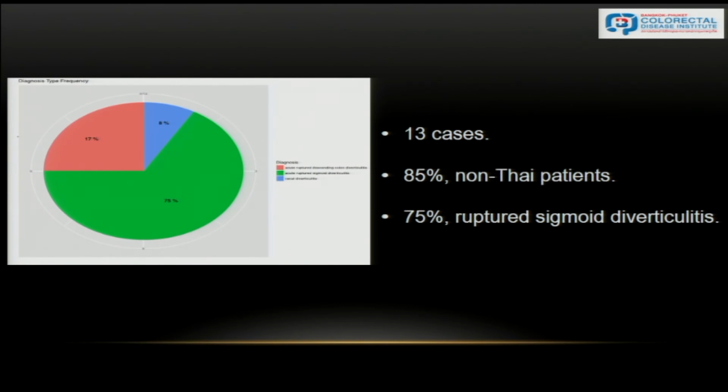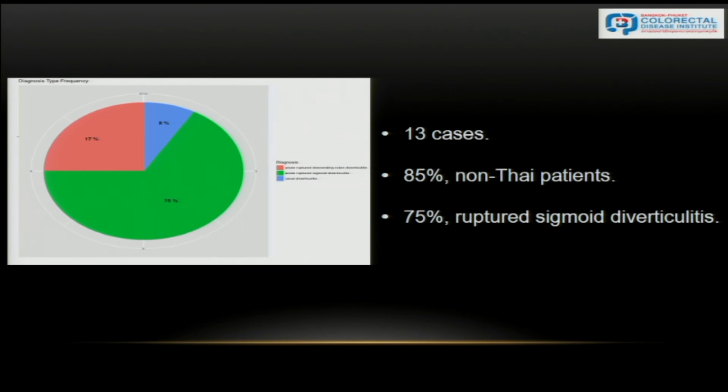Around 82% to 85% are from other countries, mostly the European population. We had 13 cases, and 75% were diagnosed with ruptured sigmoid colon, and around 17% with ruptured descending colon diverticulitis.